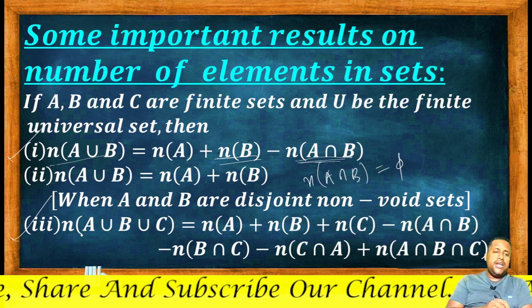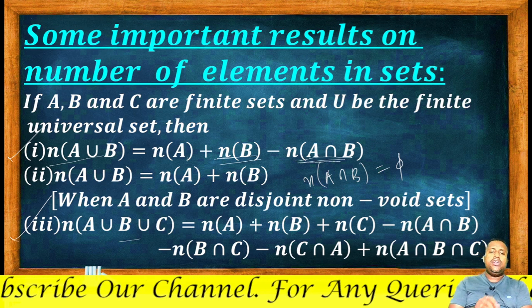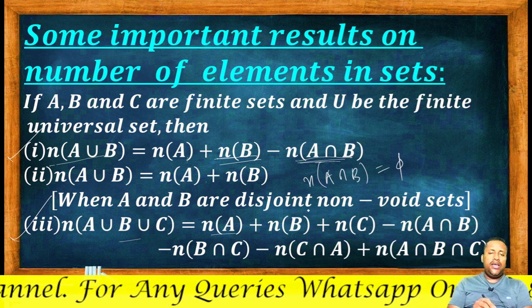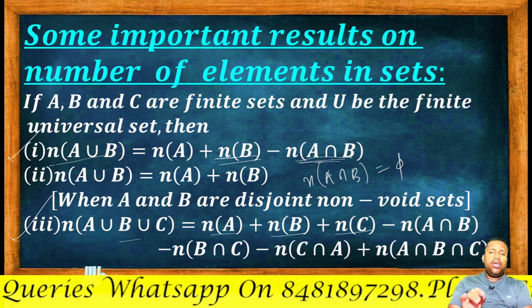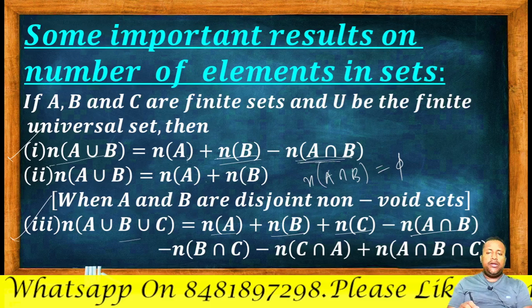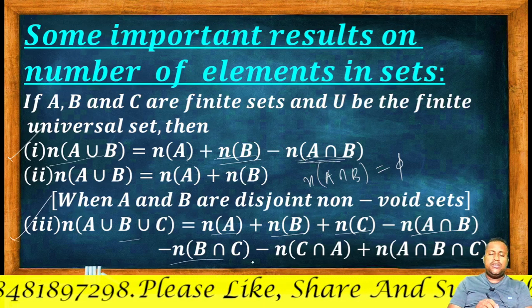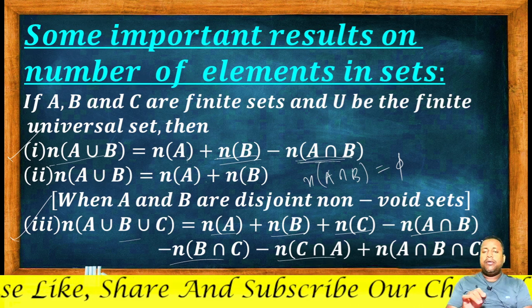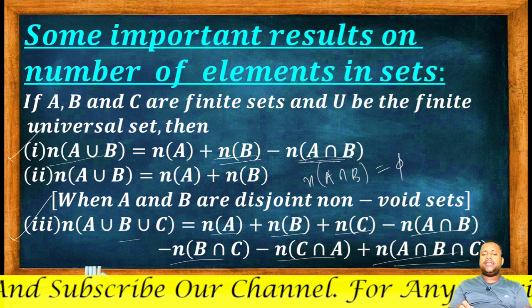Similarly, if we consider three sets, n(A union B union C) equals n(A) plus n(B) plus n(C), that is the number of elements present in A, B and C, minus n(A intersection B), minus n(B intersection C), minus n(C intersection A), plus n(A intersection B intersection C).